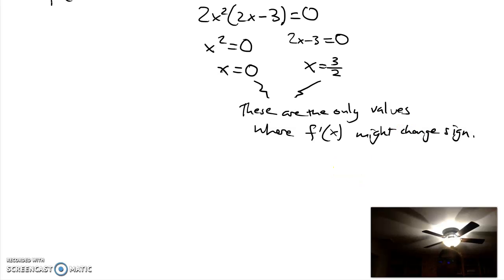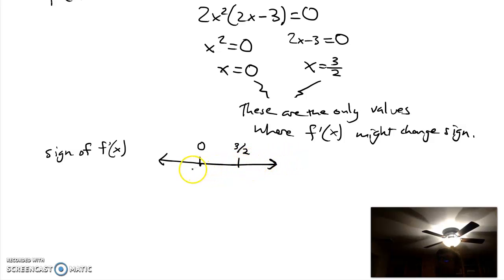So let me scroll down and let's look at the sign test. We're talking about the sign of the first derivative, and the two values we are going to test here are 0 and 3 halves. I thought some people said you had done this last year.